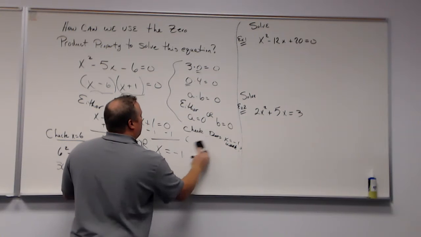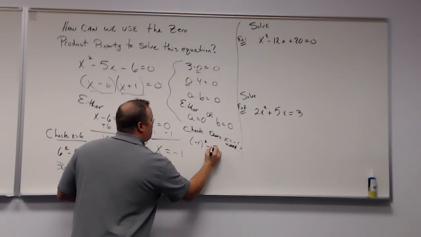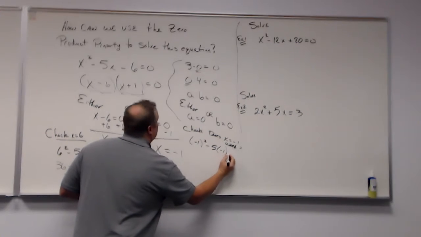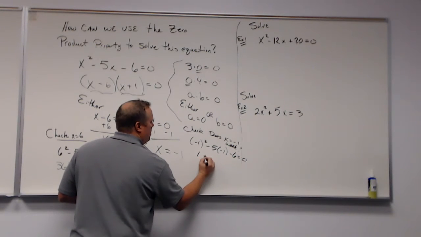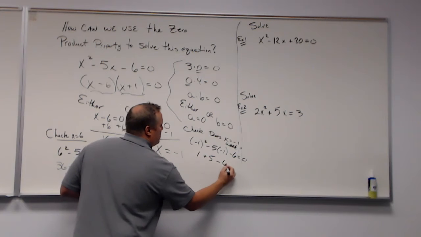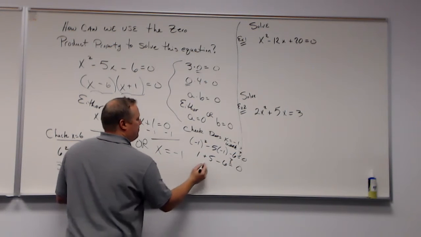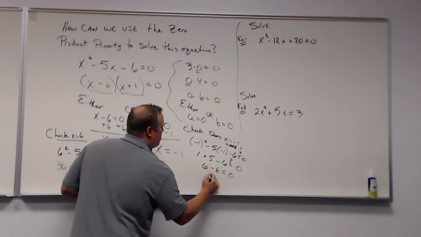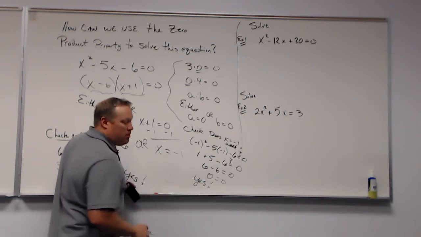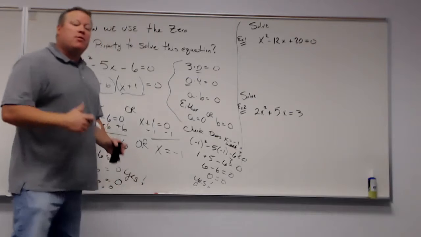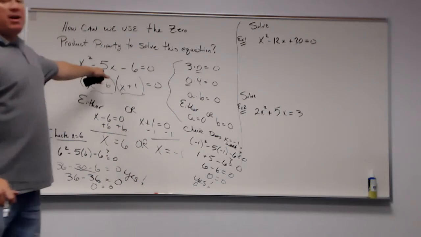So as I plug that in, negative 1 squared minus 5 times negative 1 minus 6, does that equal 0? This is going to be 1 plus 5 minus 6 equals 0. Does that work? 6 minus 6 equals 0, or 0 equals 0. So yes, we check the answers. They both work. Therefore, they're both solutions for this quadratic equation.